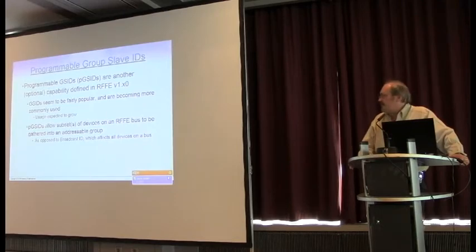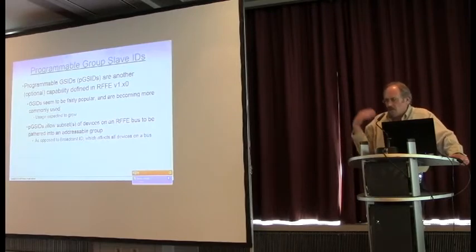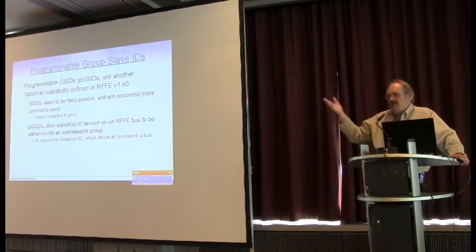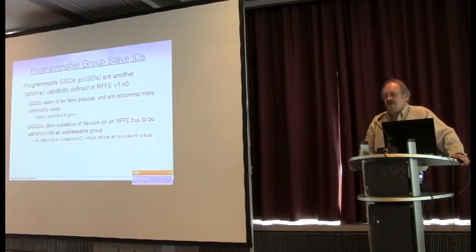A slave can be programmed with a group slave ID such that, in addition to its default or programmed USID, it would also respond to a group slave ID, which could be shared by any number of devices hanging on the bus.